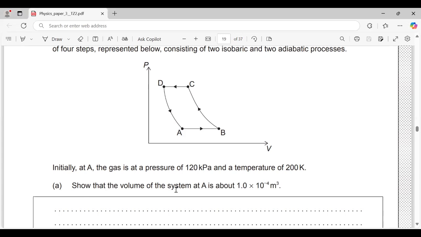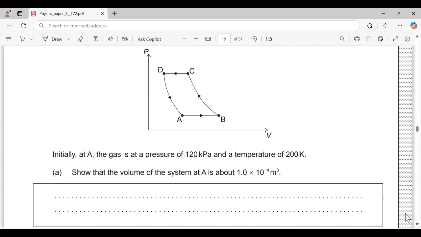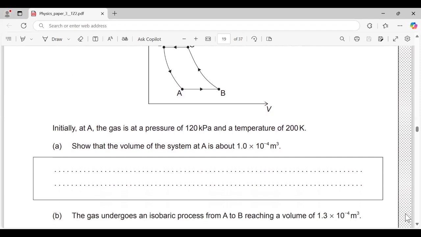Show that the volume of the system at point A is about 1.0 times 10 power minus 4 meter cube. We can use the ideal gas law formula to find the volume. The formula says that PV equal nRT.